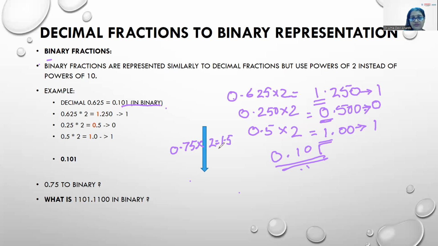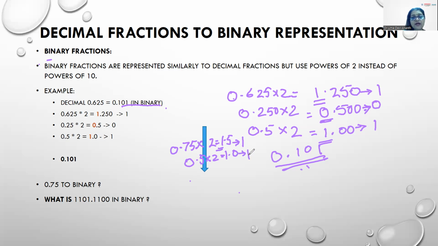So since we've got 1.5, what is the integer part of it? It is 1. So we write down this 1. Then we have a decimal part over here, 0.5. That 0.5 we will take and multiply by 2 again. So when we multiply, we will get 0.5 into 2 is 1.0. So again over here, integer part we have got as 1.